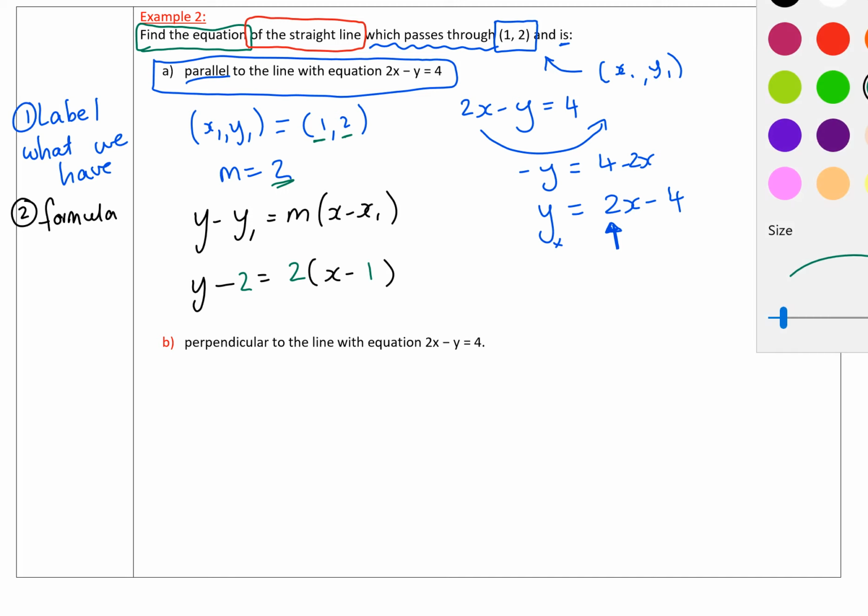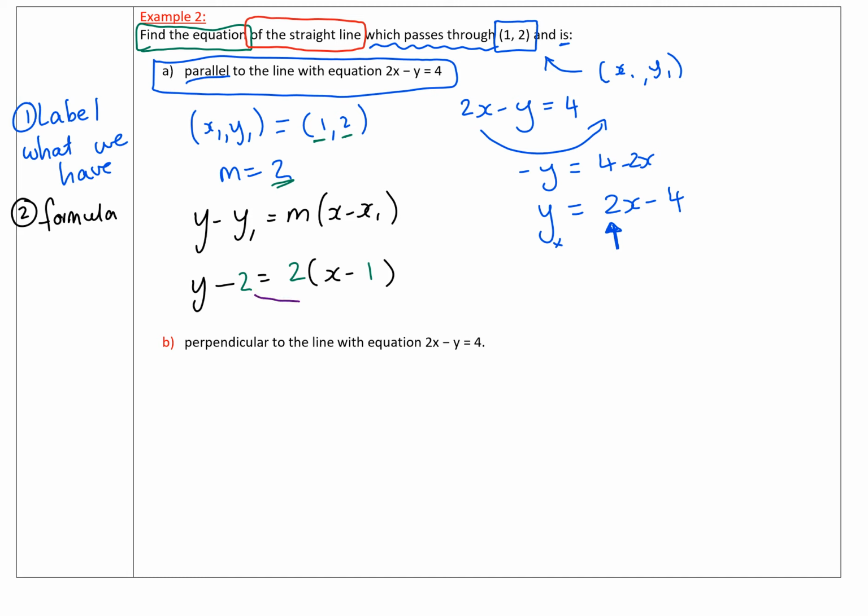If we now try and solve this by adding 2 to both sides and expanding these brackets, we know y equals 2x minus 2, and then we need to add 2, which tells me that the line is y equals 2x minus 2 plus 2.